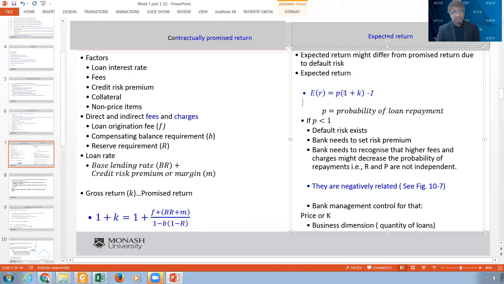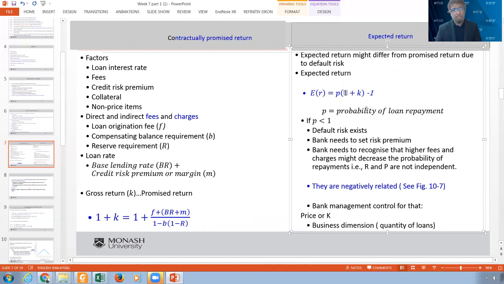And then we bring the principal, because if the customer defaults, they will default on their interest and their principal. So this is what the bank will receive, which is the principal, the probability of payment times the $1 they receive, plus the K, which is coming from here. And this is how we measure the expected return.